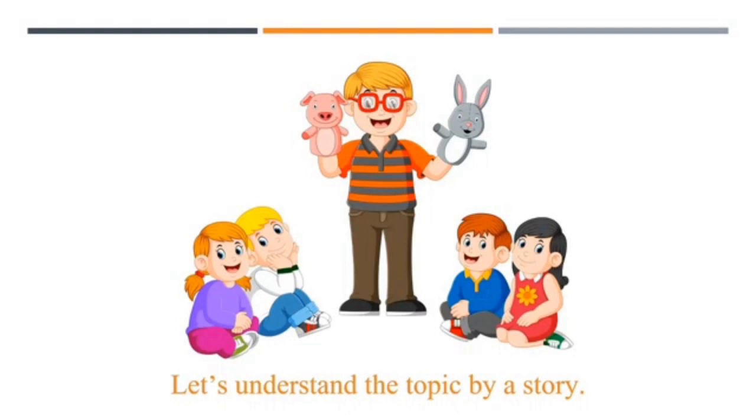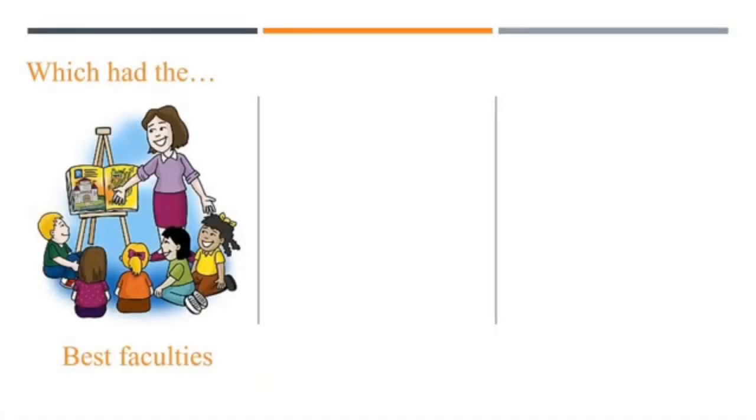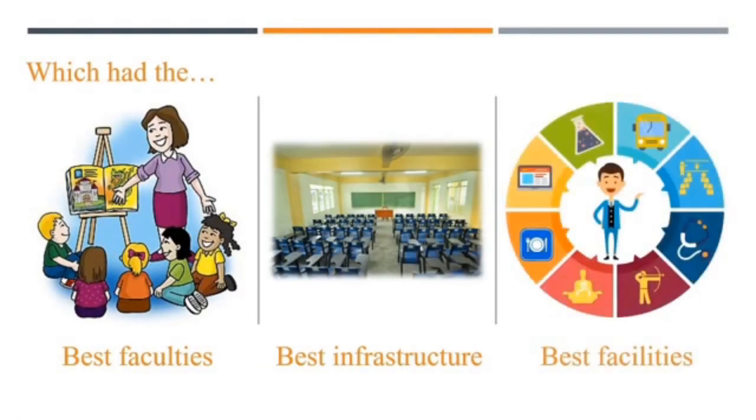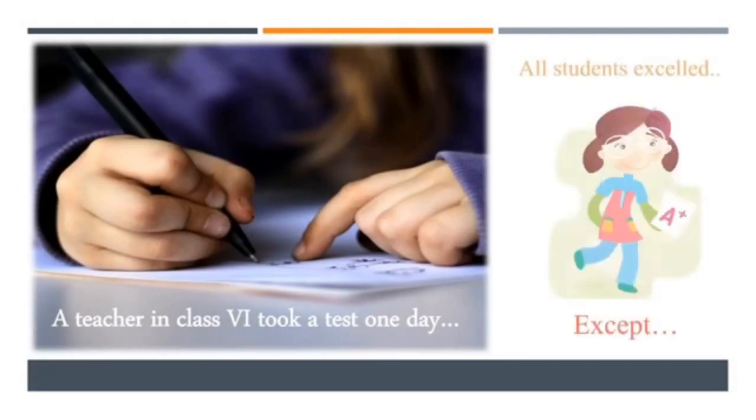Let's understand the topic by a story. There was a school which had the best faculties, best infrastructure, and the best facilities. A teacher in class 6 took a test one day.